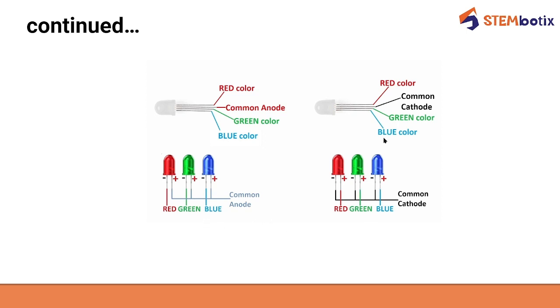While in this common cathode type, the common terminal would be grounded, and the other three terminals, red, green and blue, are connected to a positive supply.